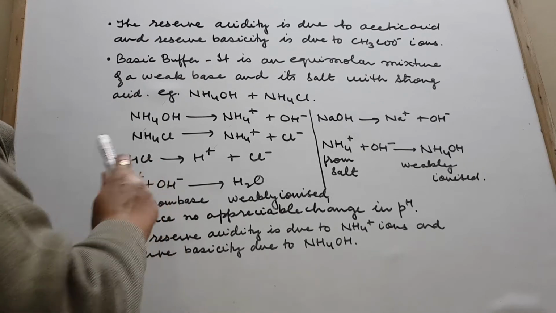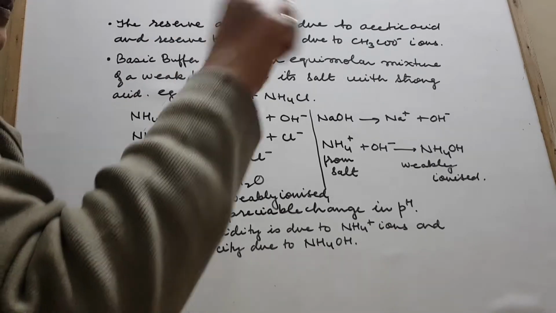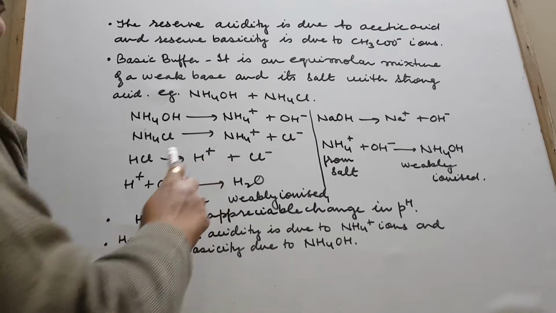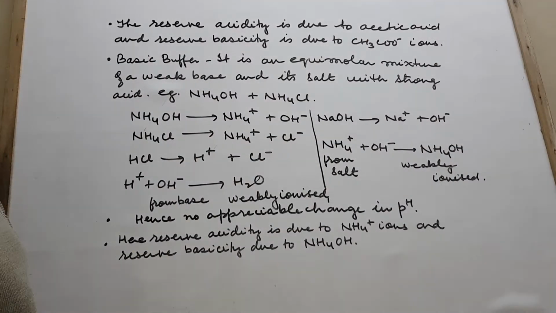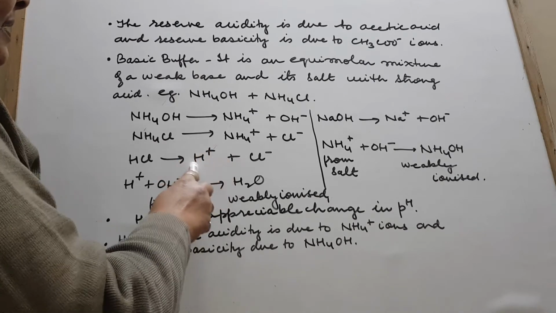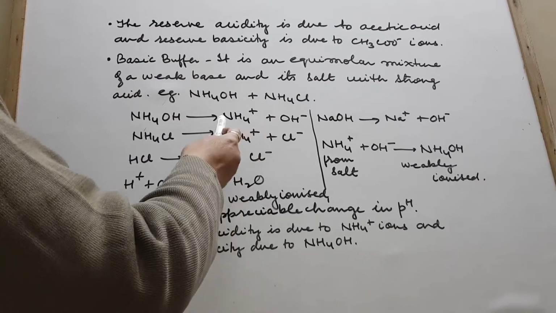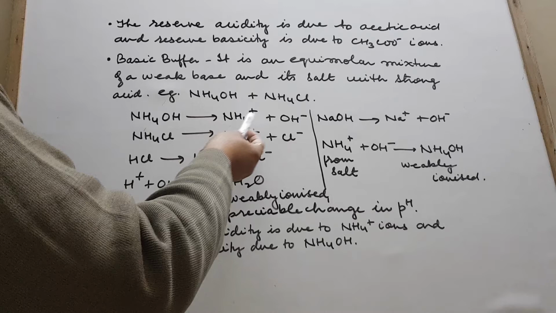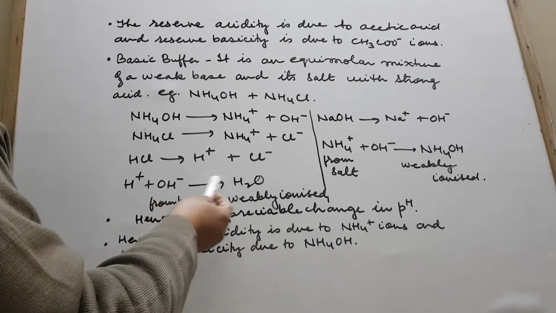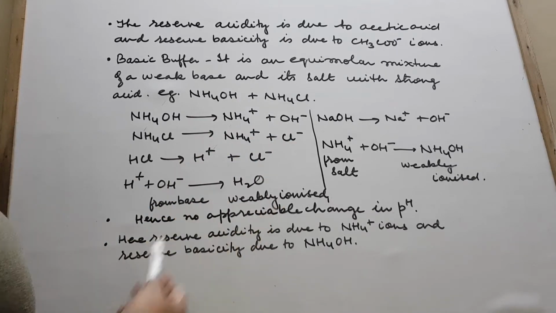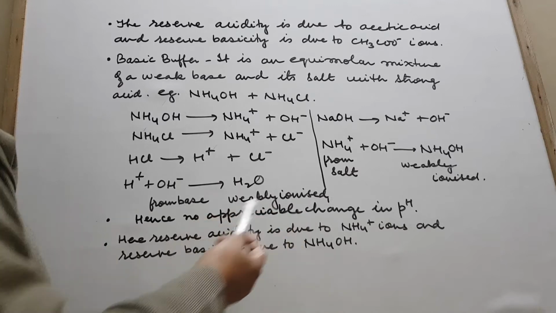If you have put acid here, HCl from outside, a small amount, so naturally H plus ions are entering your system. So they will affect the pH, definitely. But if this H plus is controlled by, checked by, attacked by the base, so base means not NH4 plus but OH minus here, it combines and gives you water, and you know water is weakly ionized.